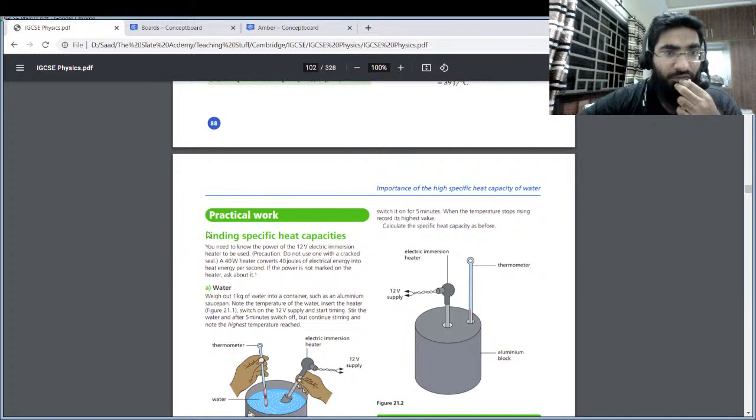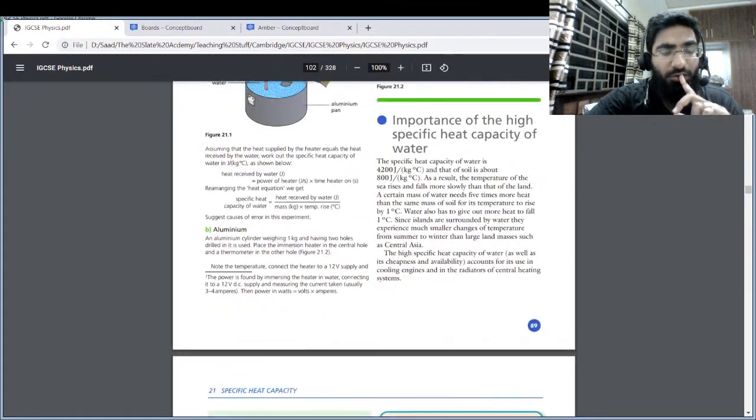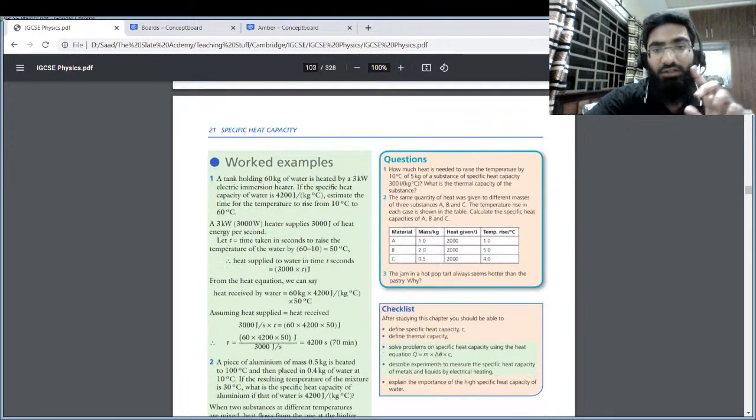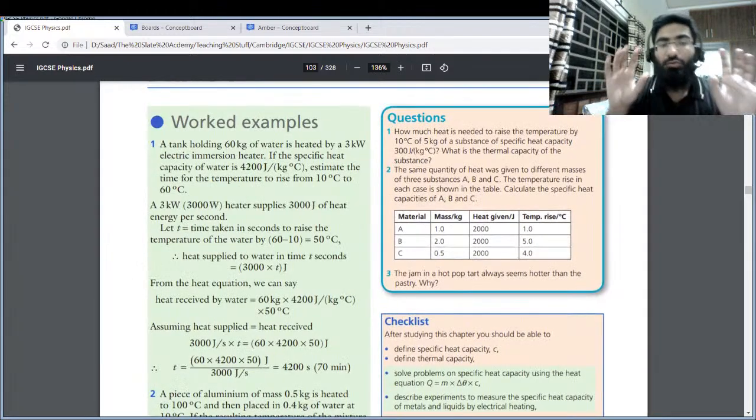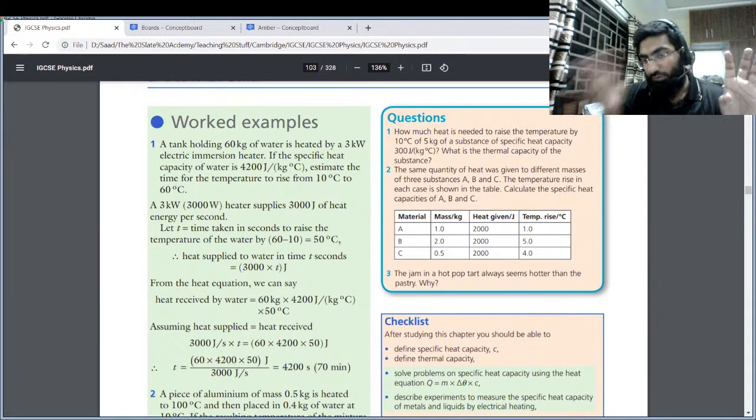The same amount of heat given to iron would have raised its temperature by a few more degrees centigrade. Again, same heat given to water and to steel would raise the temperature of steel more as compared to water.